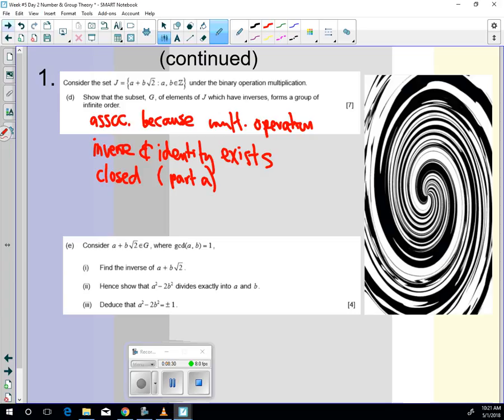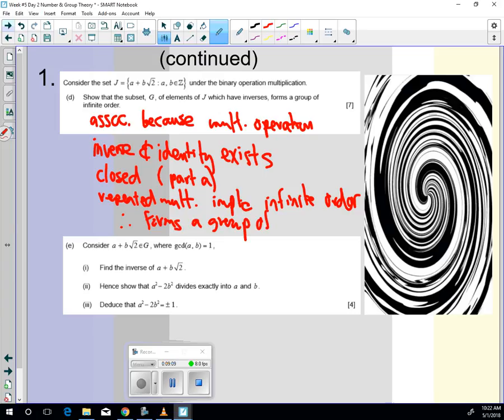Since multiplication, what do you think? I would say repeated multiplication implies infinite order, therefore forms a group of infinite order.